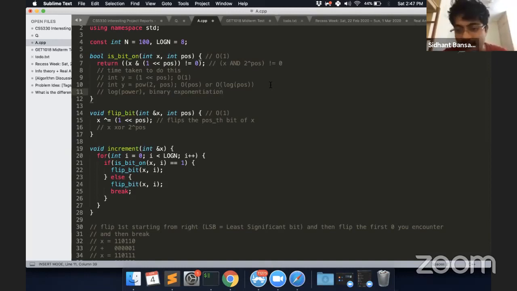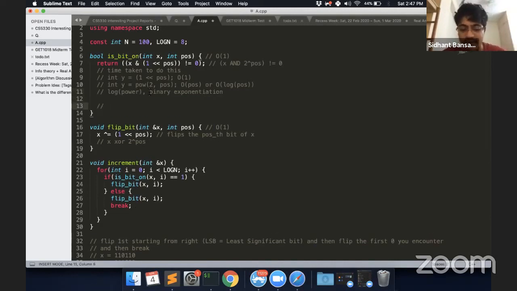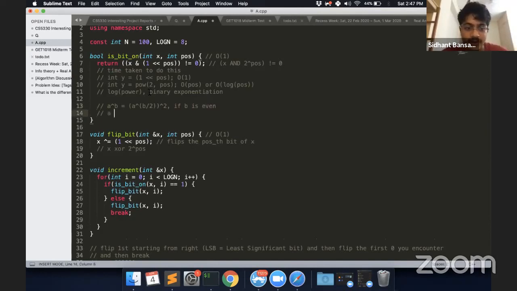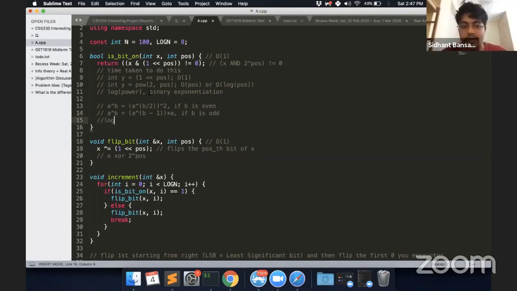The broad idea is if you have a to the b, you can write it as a to the b by 2, whole squared, if b is even, and a to the b is equal to a to the b minus 1 times a if b is odd. And you can keep on doing this recursively. So it terminates in log b steps. That's the idea of binary exponentiation.